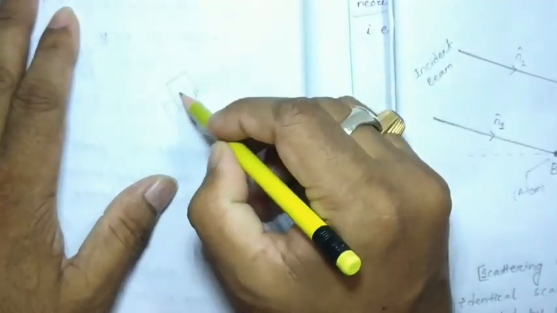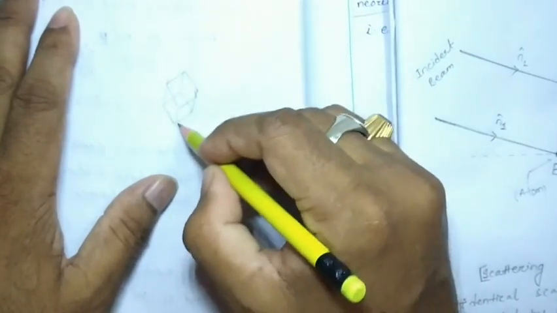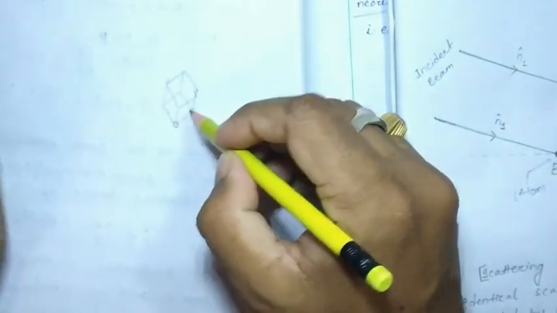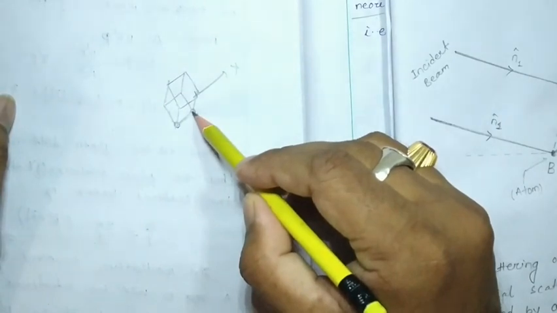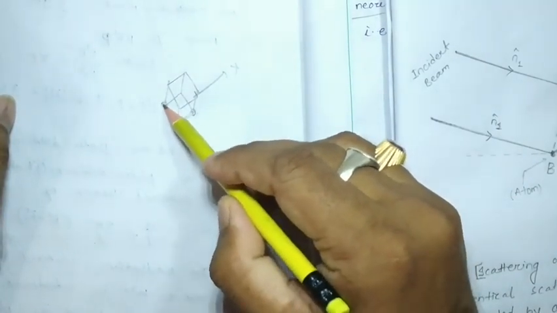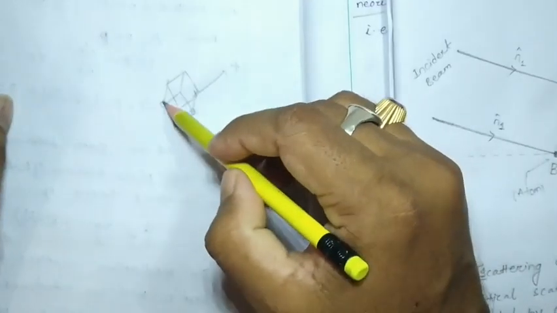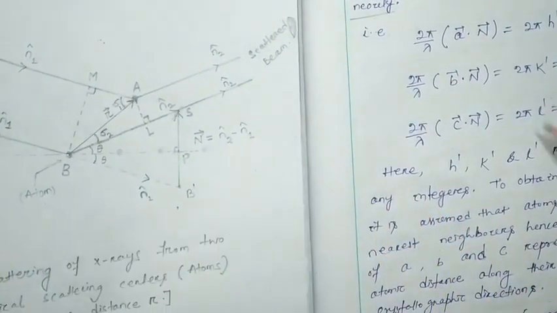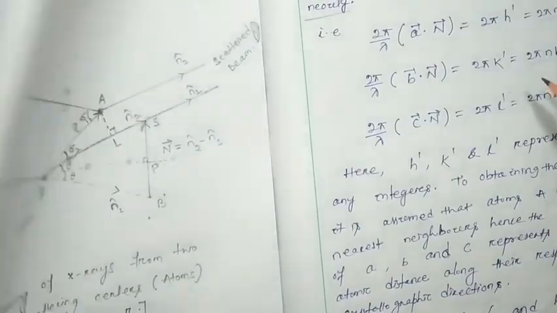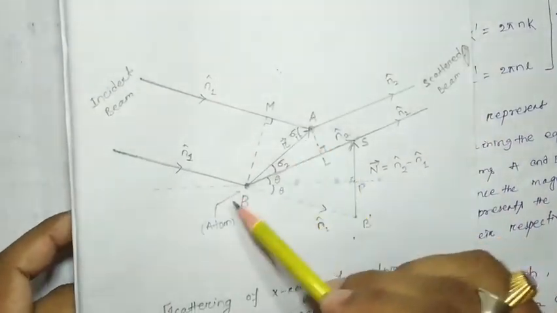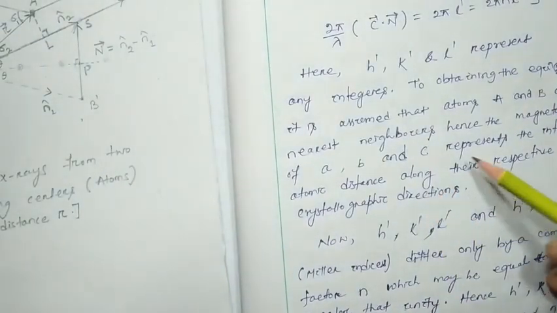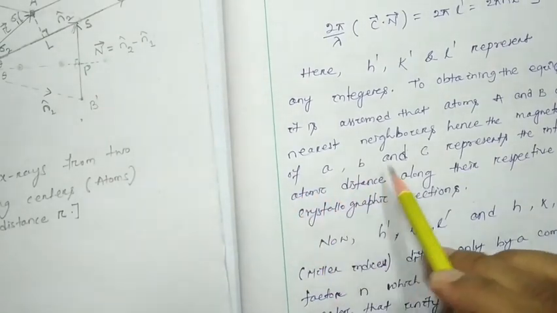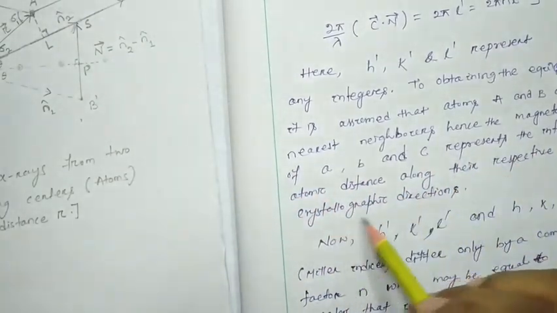If these two atoms are nearest neighbors and this is the x-axis, then this is called the interatomic distance. The same applies to this one, because in deriving equation number 3 we considered that these two atoms are nearest neighbor atoms.